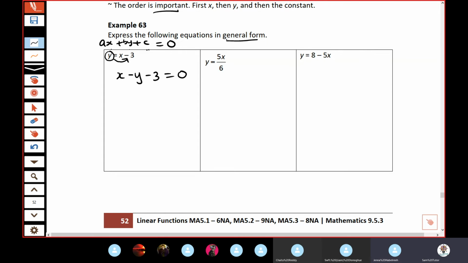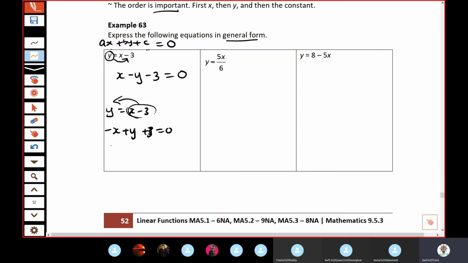That's the answer. Express the equation in general form, finished. If you did it the other way, I just want to show you guys what would have happened. If you had moved these two to the left, you would have got minus x plus y plus 3. But then you have to remember, can x be negative? No. So then what you've got to do is change all of the signs.